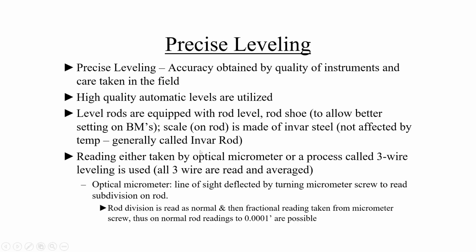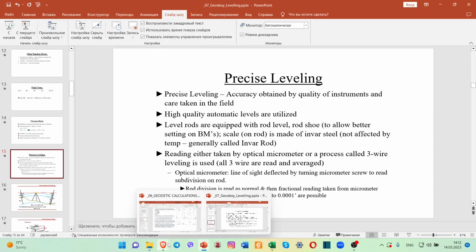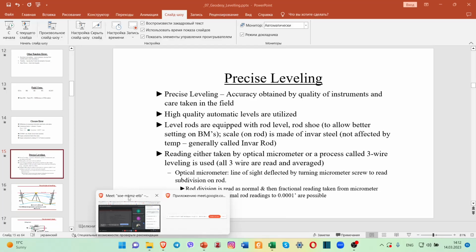Level rods are equipped with a level rod shoe to allow better setting on benchmarks. The scale on the rod is made of Invar steel, not affected by temperature, generally called an Invar rod. I will show you an example of this Invar rod.